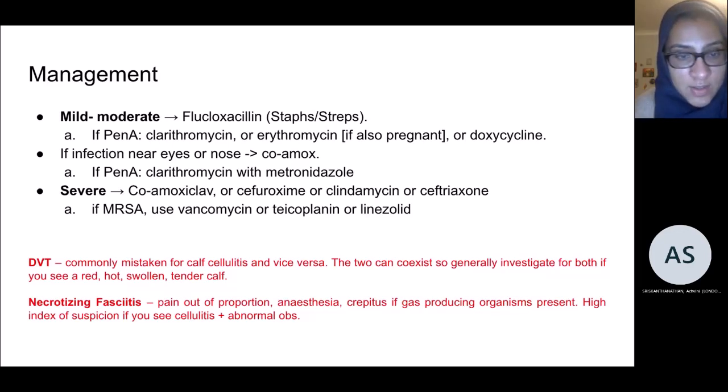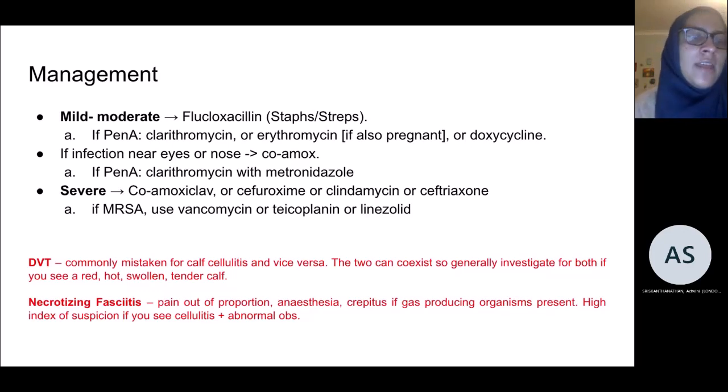So if you've got someone with a hot red leg, you would probably also want to rule out DVT, because it won't necessarily be harmful, but do bear in mind that cellulitis is a differential too.